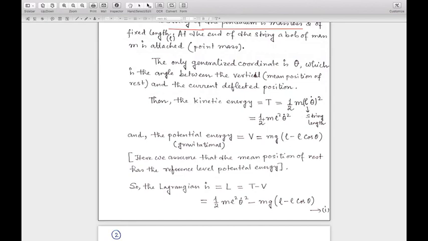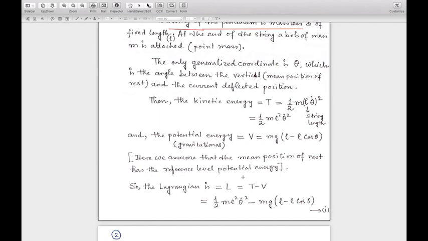So T is equal to half m L square theta dot square, and the potential energy V is equal to mg (L minus L cos theta). Here we have assumed that the mean position of rest, which is the minimum possible position of the bob, is the reference potential level.